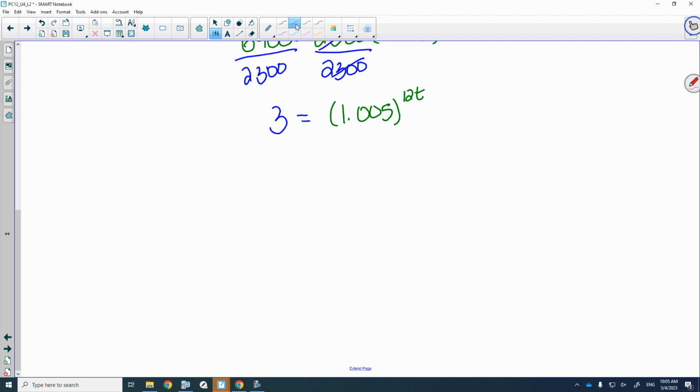So let's take the log base 1.005 of argument 3 is equal to 12t. T is equal to, I'm going to calculate what this is, and then I'll divide it by 12.